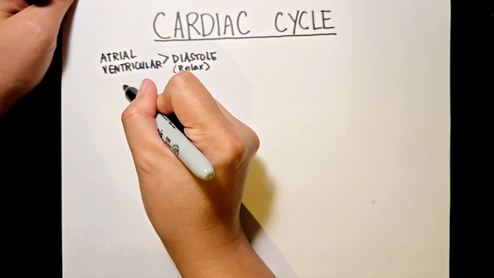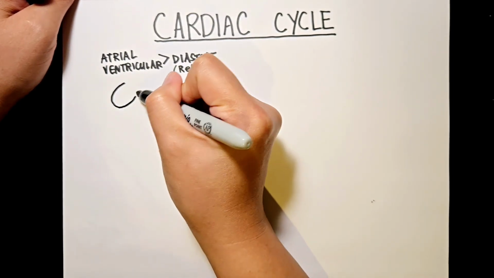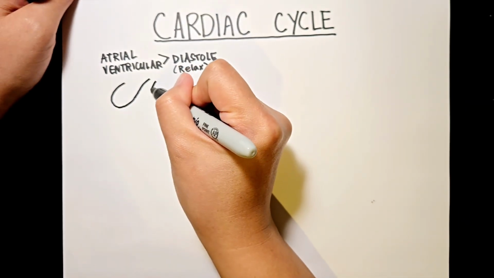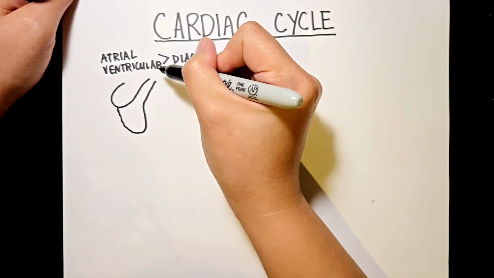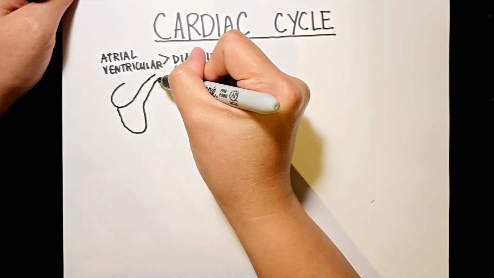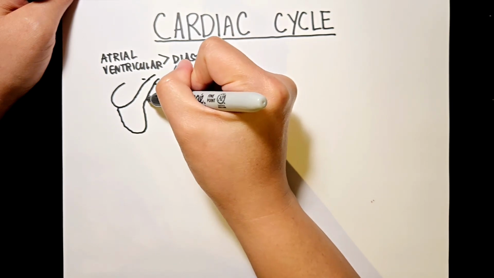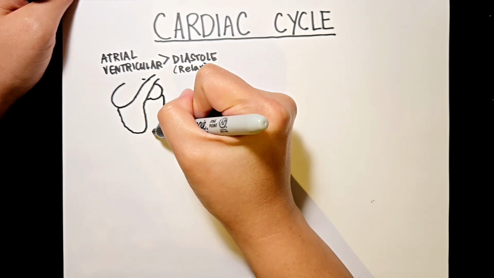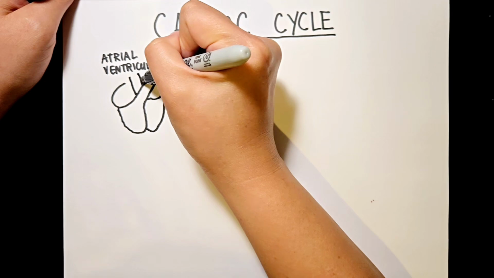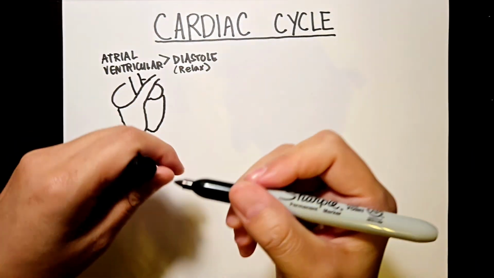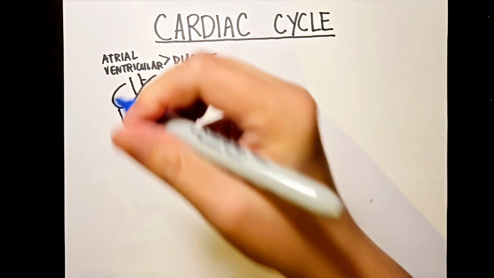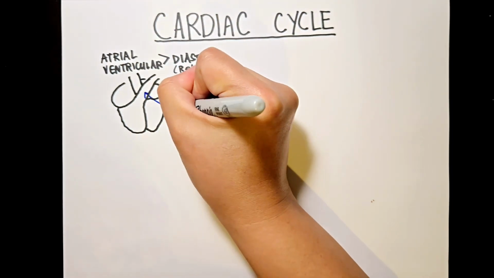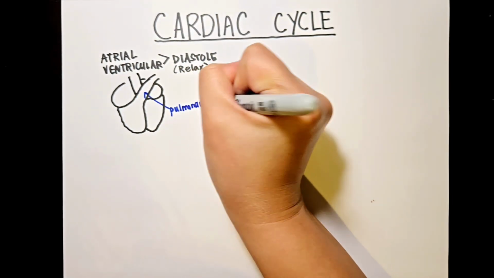So I will draw the atria, okay, the right atria, like that, right atrium. And we can't forget about the pulmonary trunk. And we also have then the left atrium and the left ventricle, which then goes up into the aorta. So again, I will label these as this being the pulmonary trunk.